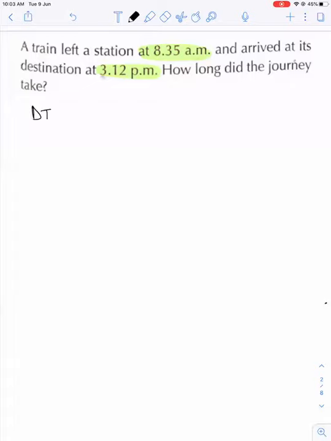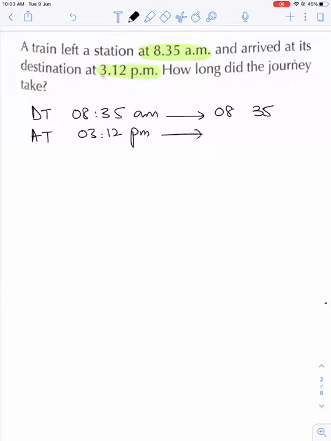The departure time given to us is 8:35 a.m. If we change it to 24-hour clock, it will remain the same. Arrival time given to us in this question is 3:12 p.m. When you convert it to 24-hour clock notation, simply add 12 hours to the hours column. So 12 plus 3 is 15. It will be 15:12.